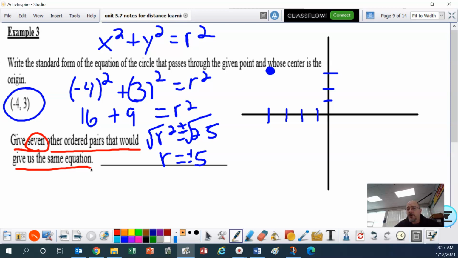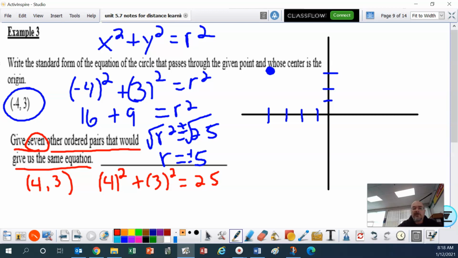If negative 4 squared plus 3 squared gives us 25, think about this: if I take positive 4 squared plus 3 squared, I also get 25. So that ordered pair is positive 4, 3. Counting 1, 2, 3, 4, positive 4, 3 would be right about there.